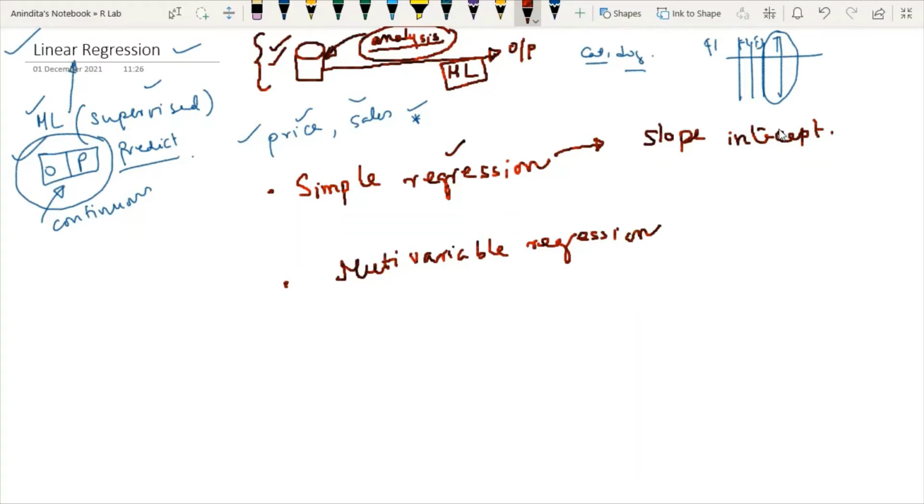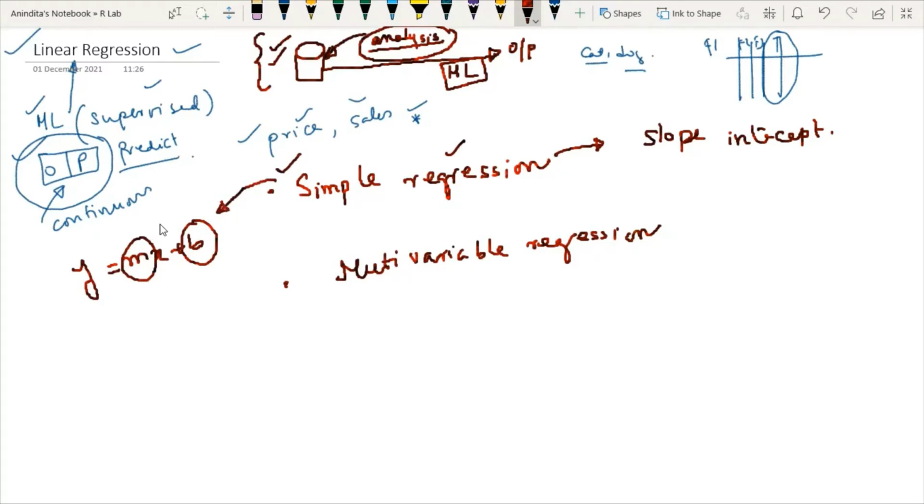So what is this traditional slope intercept concept? See, we know this equation, y equal to mx plus b. So this is the equation, right? Here m and b are variables. Simple regression uses this equation.